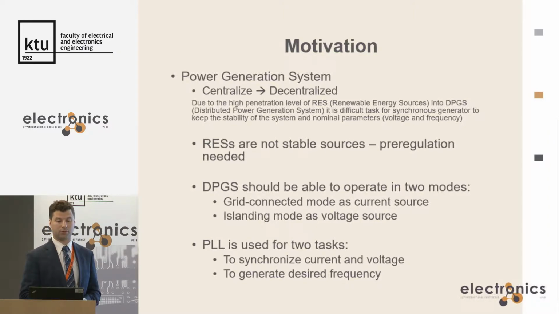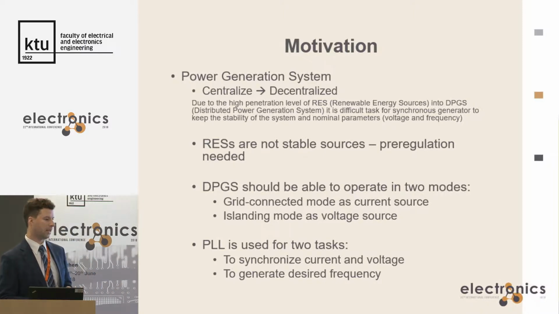First of all, they should flexibly pre-regulate input voltage, for example, if the sun irradiation is not at the rated level. Also, for distributed power generation, a microinverter should work in grid connected mode and also in islanding mode.